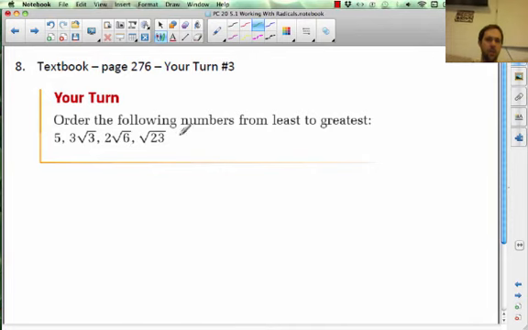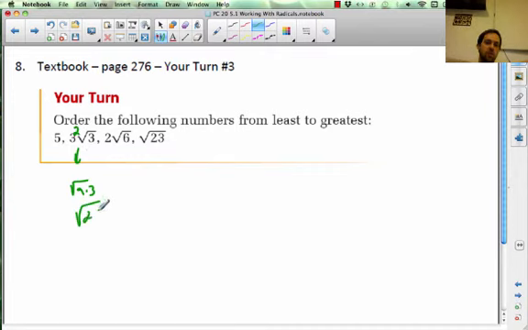Alright, your turn number 3. Order the following numbers from least to greatest. I find this is easiest just by writing them all as an entire radical rather than mixed radicals. So I'm going to rewrite all these ones that are mixed. I'm going to put the 3 under the root sign, and this is going to be root 9 times 3. The 3 can't just go in there as a 3 and multiply by 3. We have to square it first. So this becomes a 9, and we still multiply it by 3.